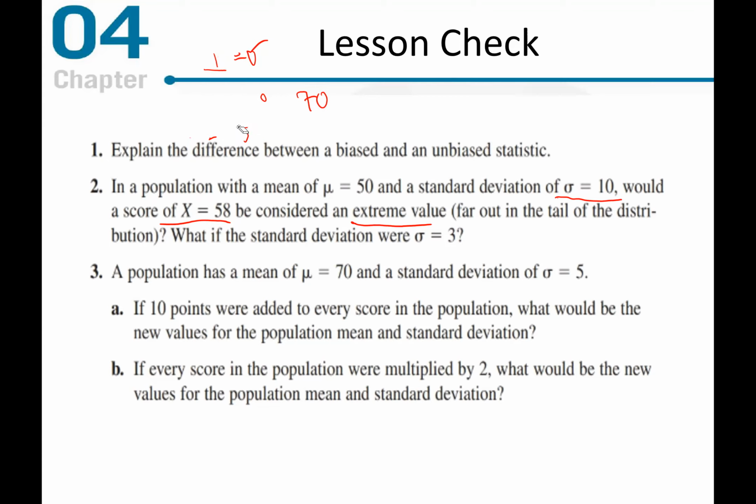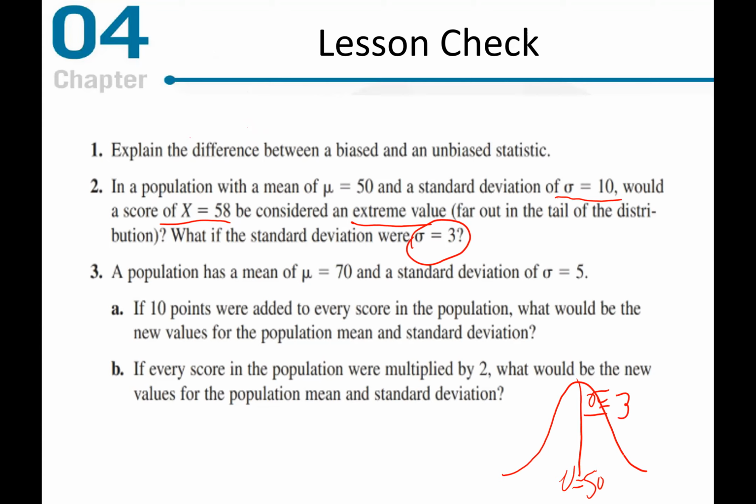But let's say that now instead of the standard deviation being 10, the standard deviation has been changed to 3. So let's draw all our information again. Again, the population mean is 50. The standard deviation this time is going to be 3.